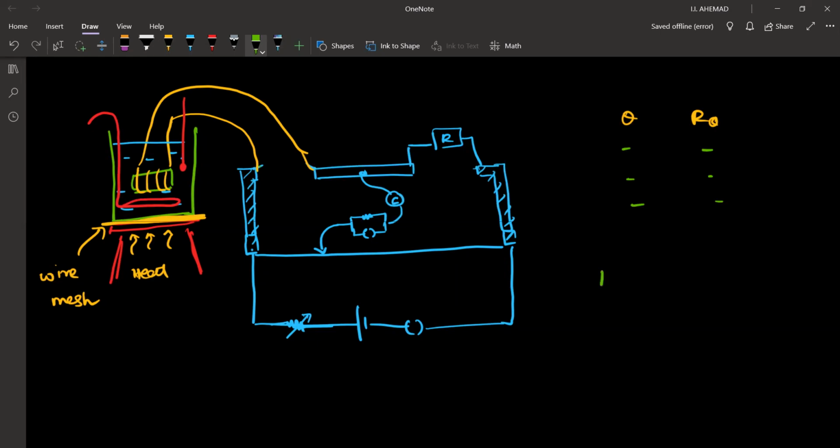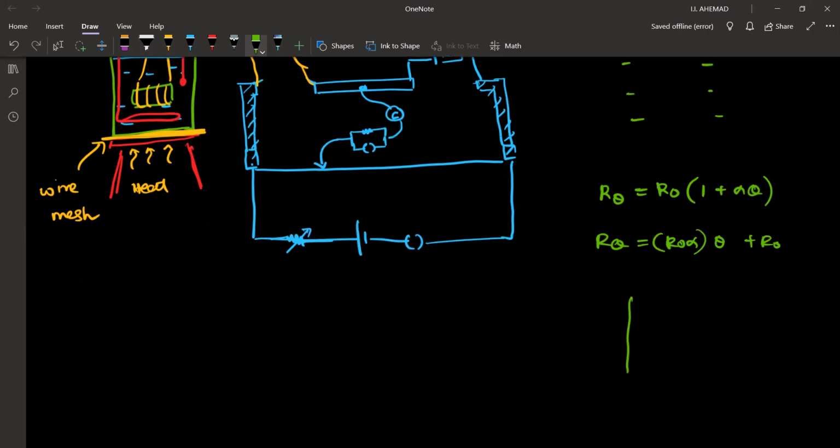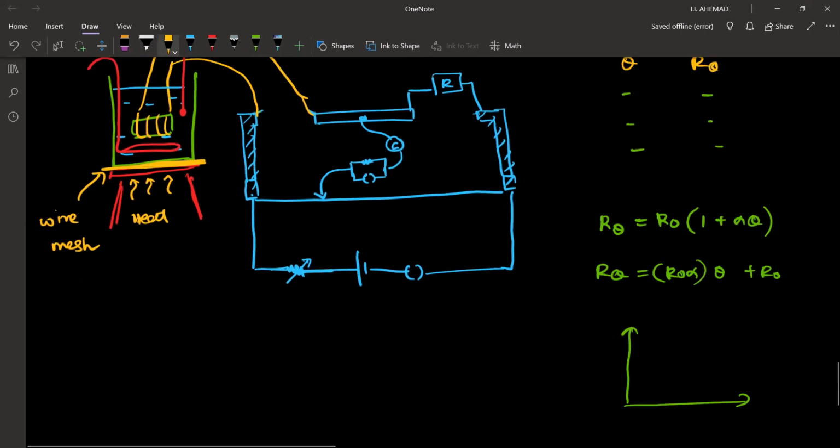Now we know the relationship between R theta and theta. That is R theta is equal to R naught (1 plus alpha theta). So now we can get a relationship that R theta is equal to R naught alpha theta plus R naught. So using this table, we can plot the data points.